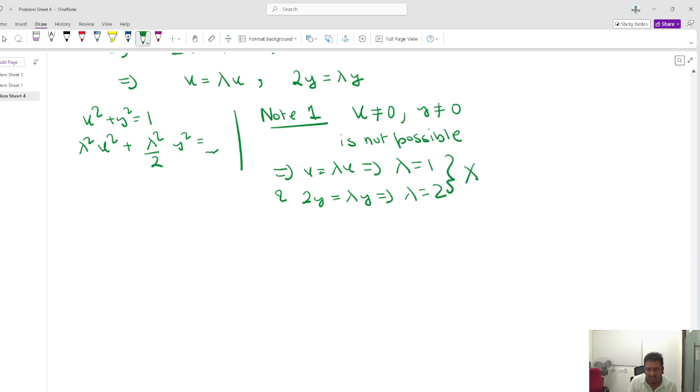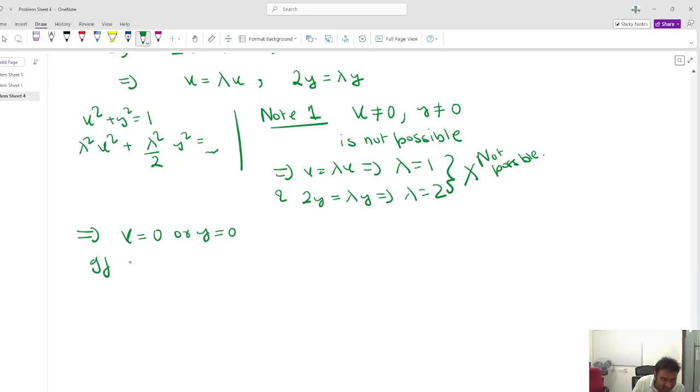Oh, well, this is not possible. A number cannot take two different values at the same time. So this implies x is 0 or y is 0.